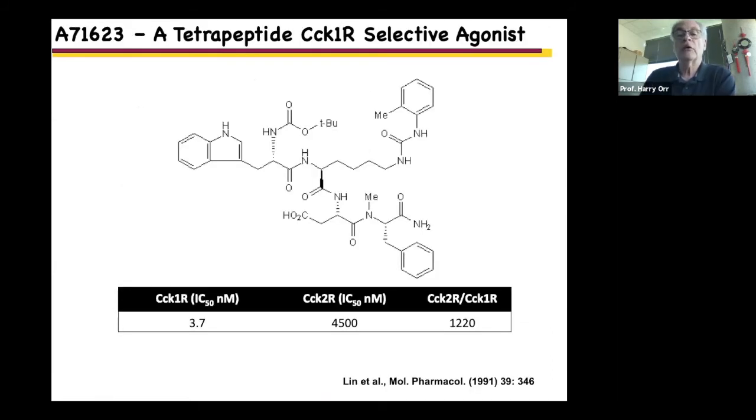So to explore the role of the CCK1 receptor in Purkinje cell atrophy, we went to a small molecule called A71623, and this is a peptide mimetic, if you will. And as you can see, it's very selective for the CCK1 receptor versus the CCK2, something on the order of 1,000-fold.